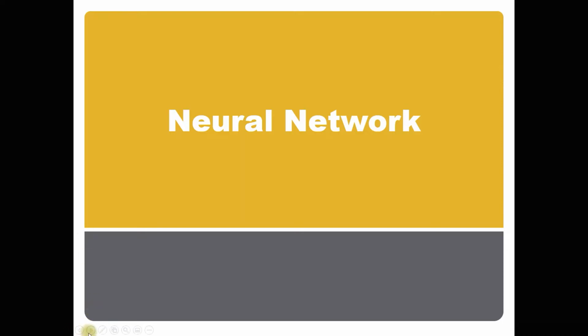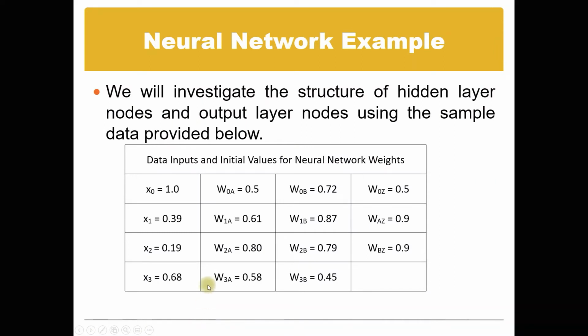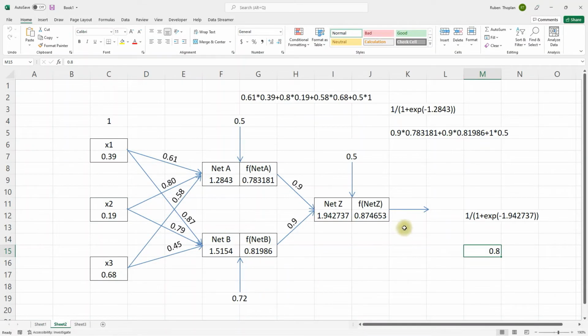But what we want to do now is to update those weights, because you remember that we have got a predicted value of y, the predicted output rather. Like in the previous case, we've got a predicted output of 0.874653.